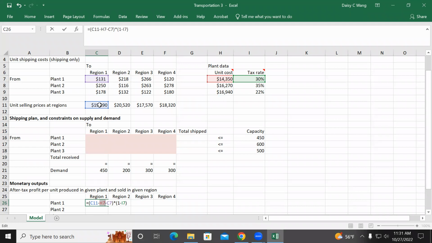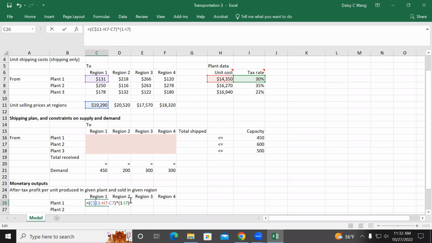When we drag it down, we want it to stay at 11. We don't want it to go down to C12, C13. We need to put a $ sign in front of 11. But when we drag it over, from plan 1 to region 2, we want C11 to move to D11. So we don't need a $ sign in front of C, just in front of 11.